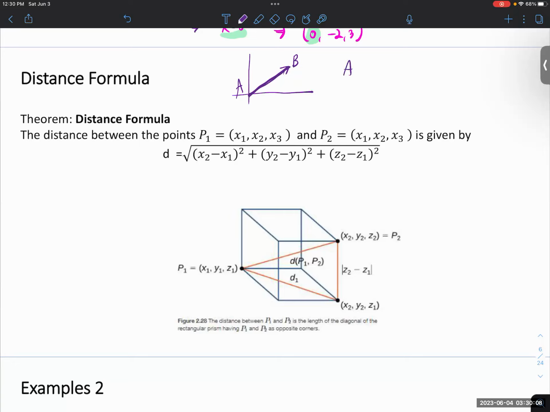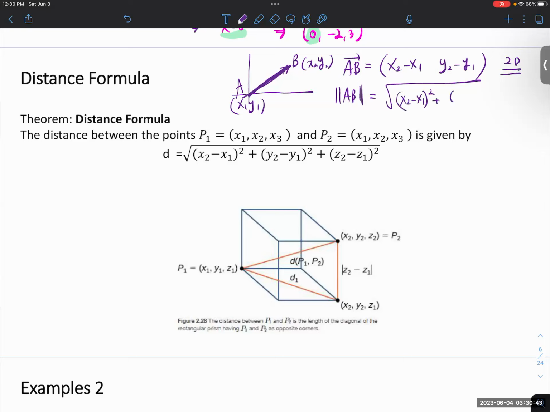The AB vector, if the points are (x2, y2) and (x1, y1), we calculated x2 minus x1, y2 minus y1. That was the difference between 2 points in two-dimensional space. Do you remember that? Then you can find the magnitude, the length: the square root of (x2 minus x1) squared plus (y2 minus y1) squared.